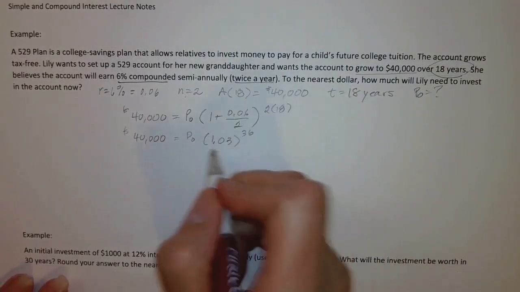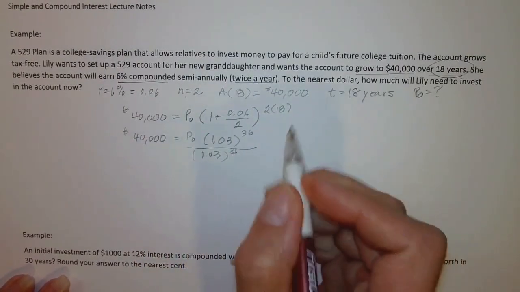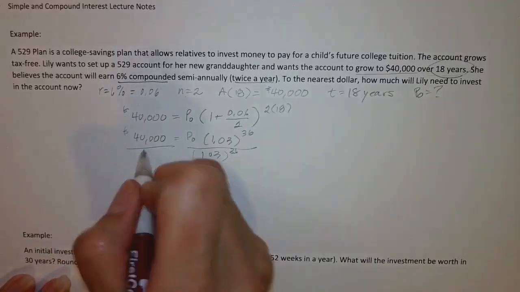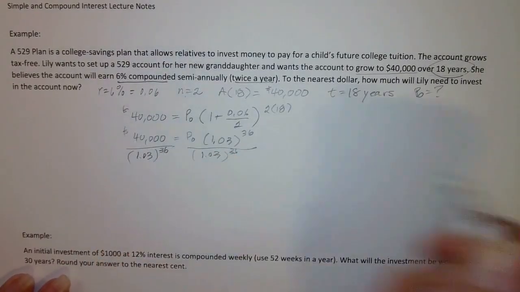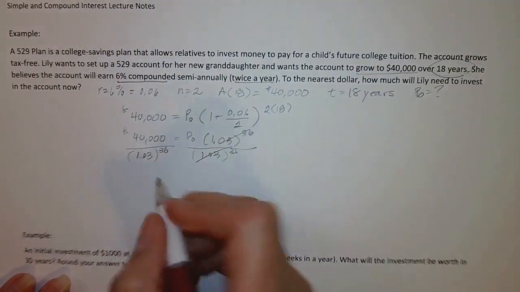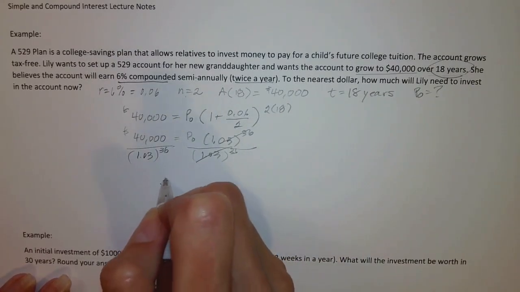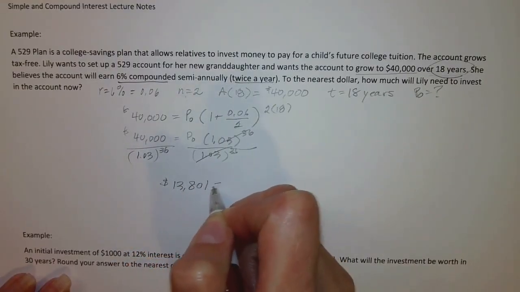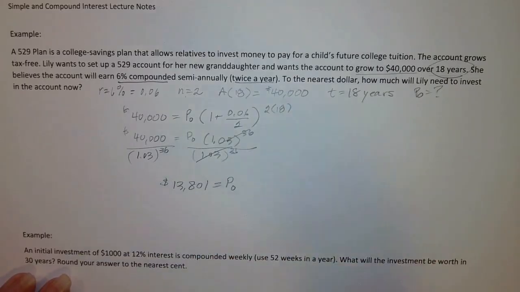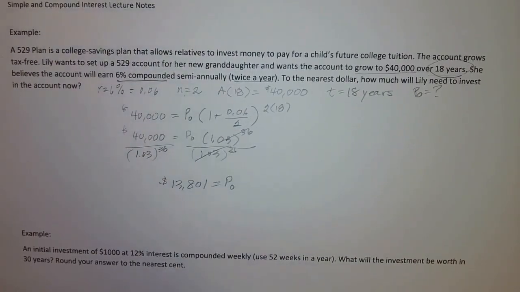Divide both sides by 1.03 to the 36th power. You can tell I'm getting tired. This is my last lecture of the day. So when I put this in my calculator, this gives me $13,801 that she needs to put into her account in order to get $40,000 over 18 years.